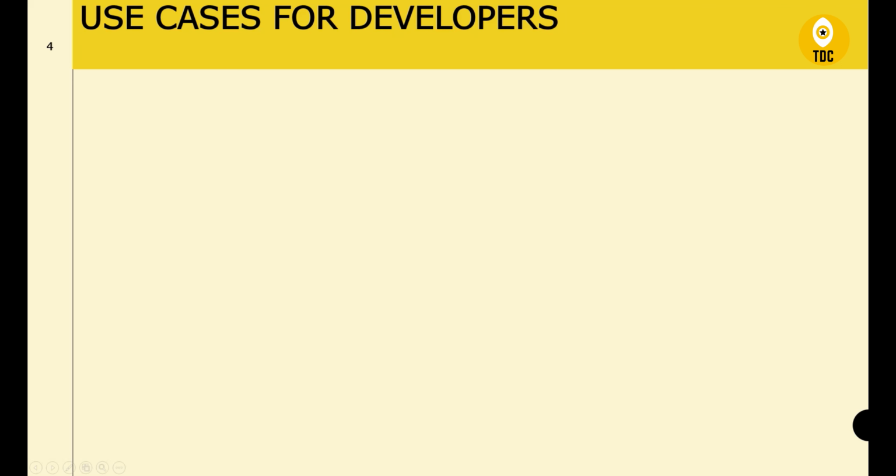With that, what are the use cases for developers? You might be thinking, okay, we know the benefits, but how exactly will it be useful for developers? First is debugging, because as a developer you need to understand the code at a very low level. You can write a program that has multiple for loops, multiple methods, and uses different data types and data structures, and the control flow of the program might be 2000 or 3000 lines of code.